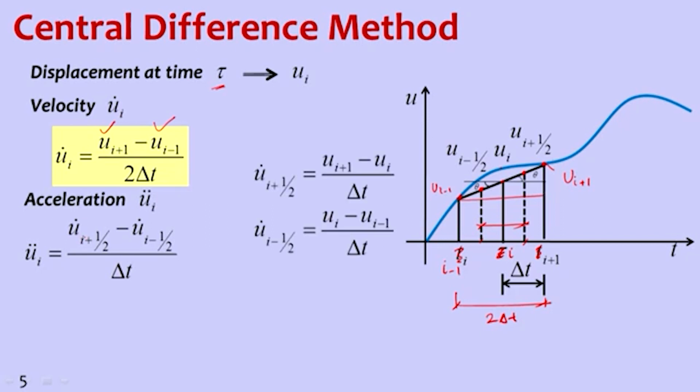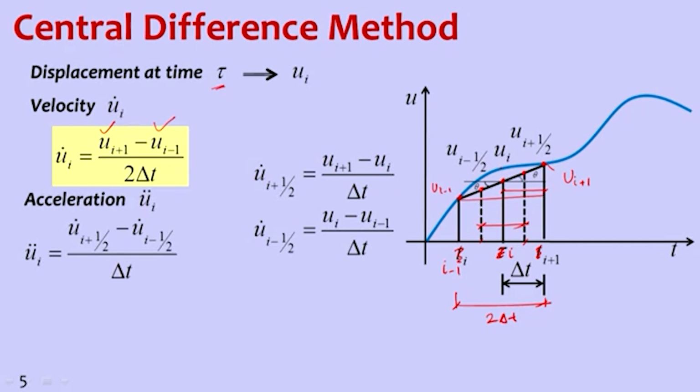So you can see velocity at i plus half is this point. If we want velocity at this point, displacement of this point minus displacement of this point divided by delta t. So displacement at this point is u i plus 1, displacement at this point is u i, and divided by delta t.